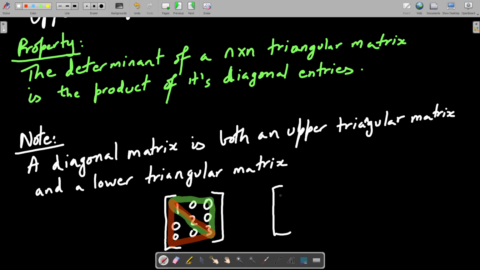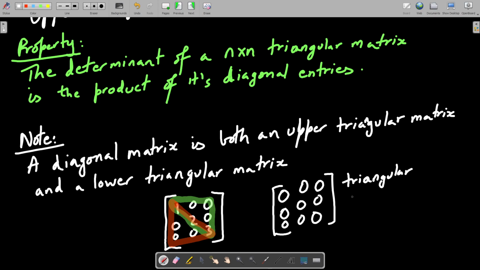By that logic, the matrix which is completely full of zeros is everything: it's triangular, it's diagonal, and it's many other things, but we won't go into those right now.